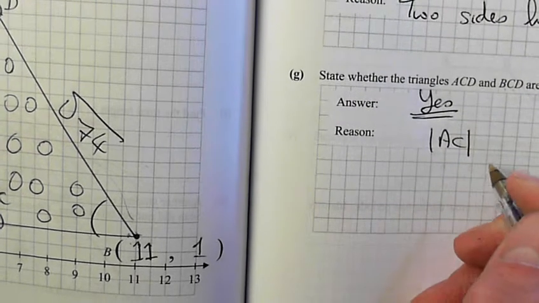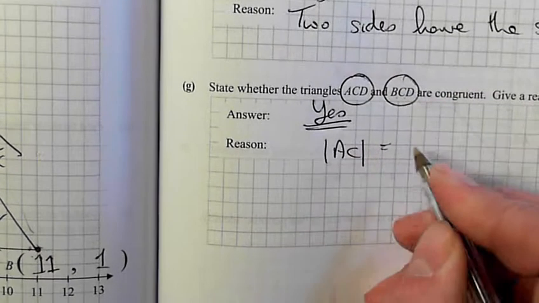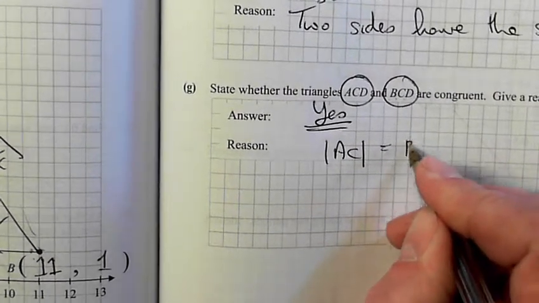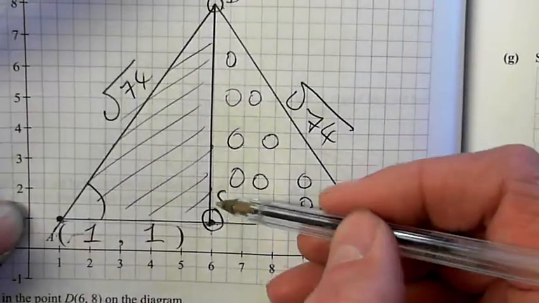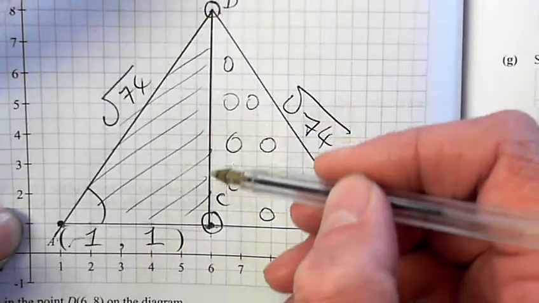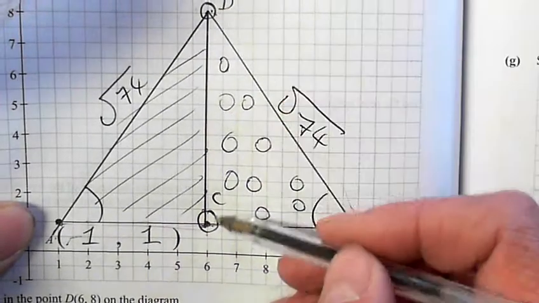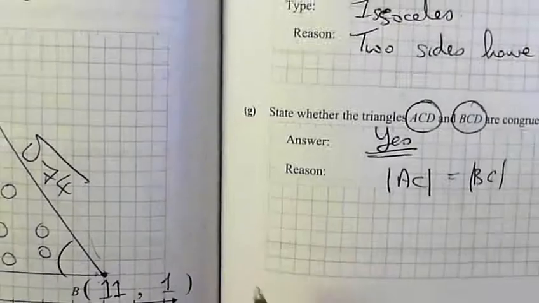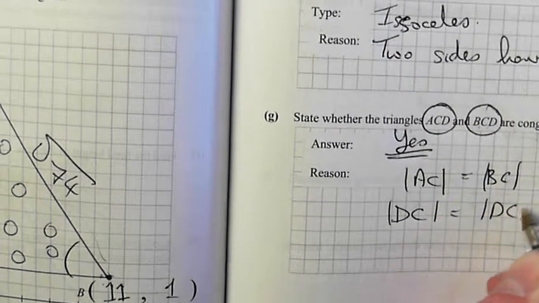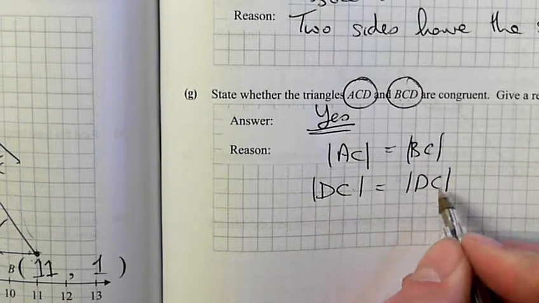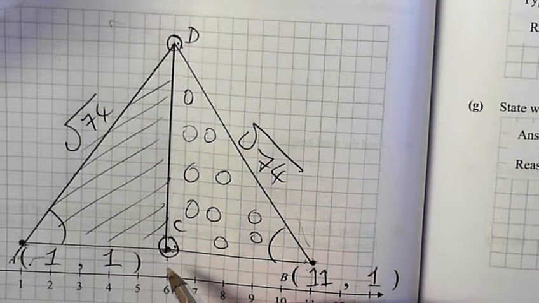So those two sides are equal. AC on the triangle on the left is equal to BC. See this line here? Isn't that on both triangles as well? So DC is the same on both triangles. What other side is the same length on both triangles?